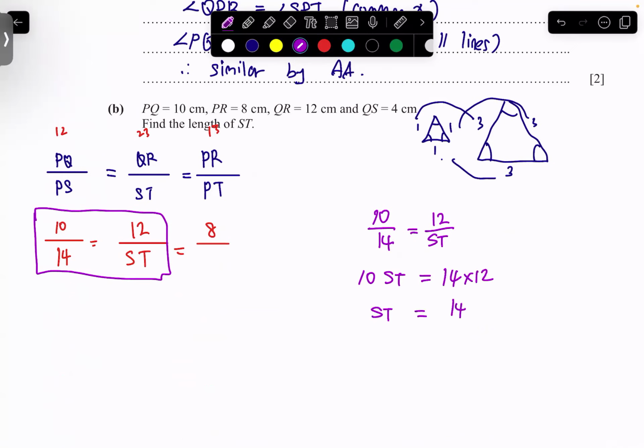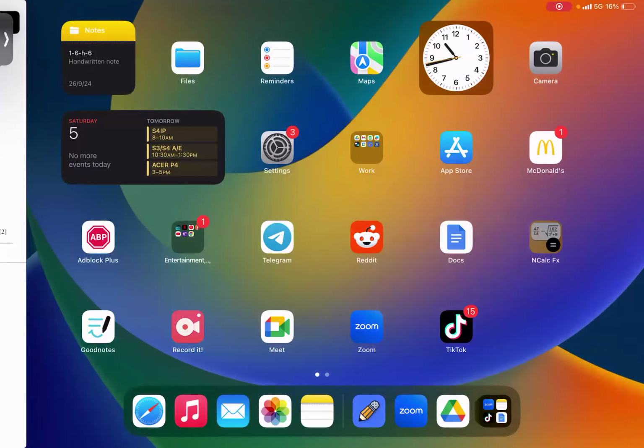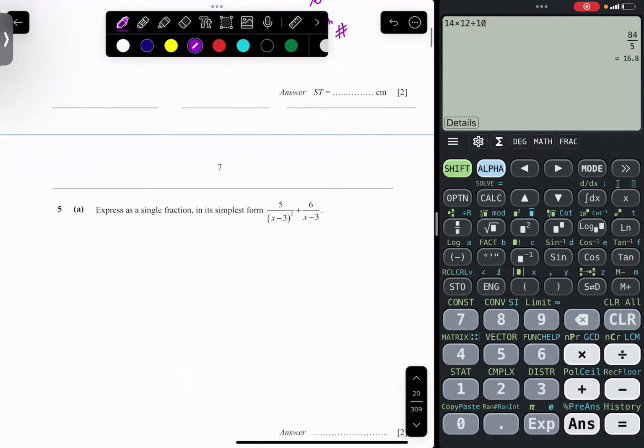ST equals 14 times 12 divided by 10. So that will give me 16.8 cm. Let me double check on the calculator. 14 times 12 divided by 10. Okay, 16.8.